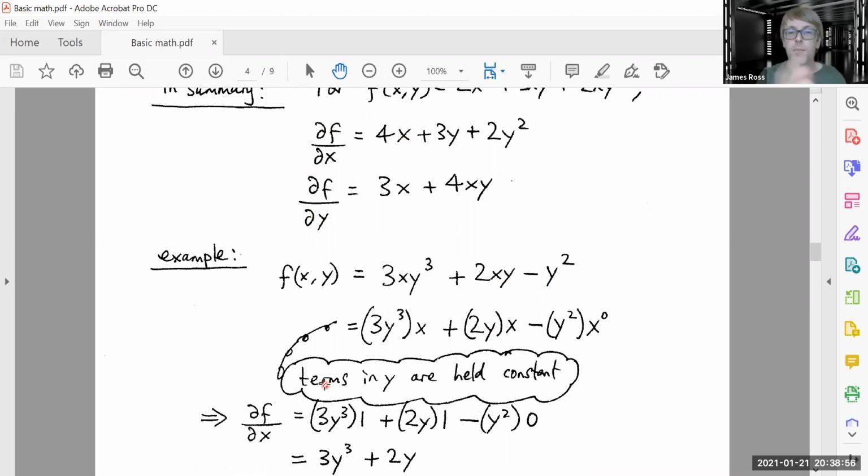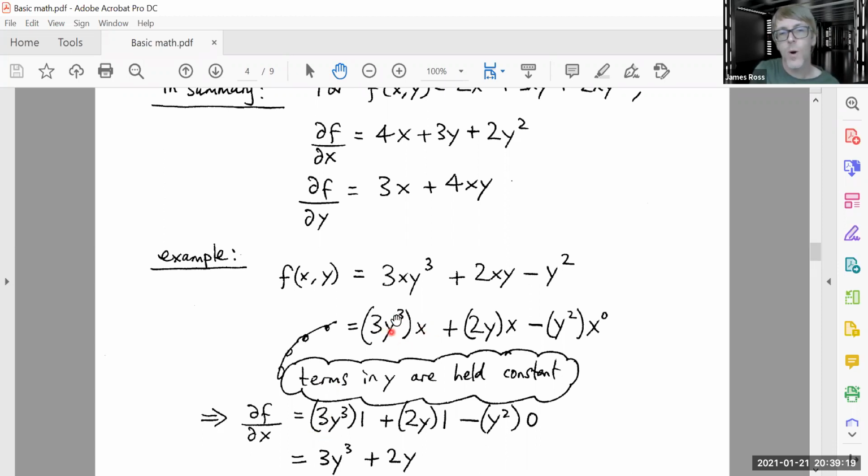Again, you can solve for the x constant term first or the y constant term first, it doesn't matter, but I'll just randomly solve for the y constant term first. So if y is held constant, you can keep all of the y's isolated. So let's keep everything that's not a y as a constant.